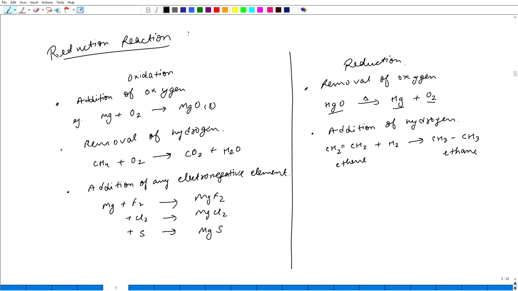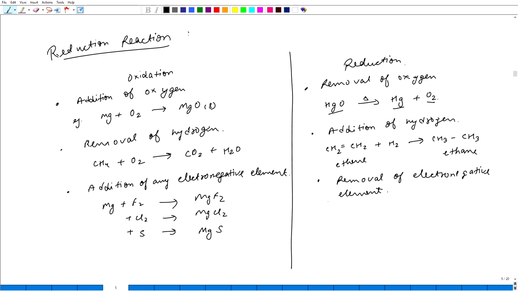In this case, let us take example, this is removal of electronegative element. That means, electronegative element has been removed.